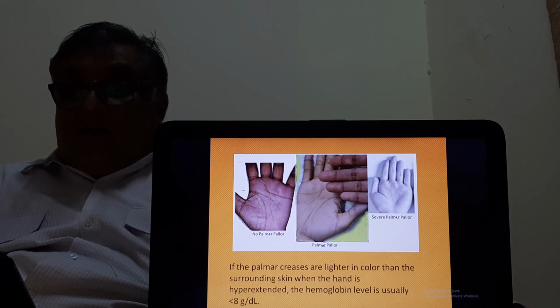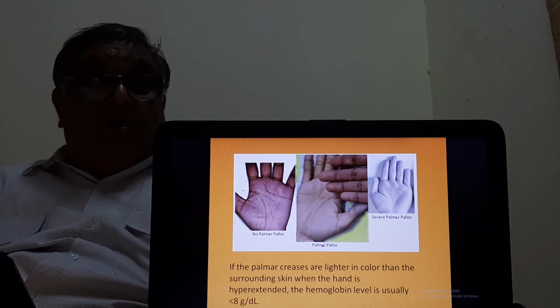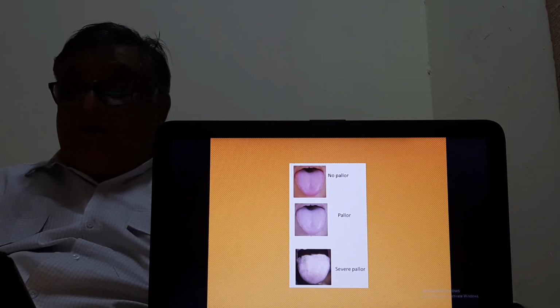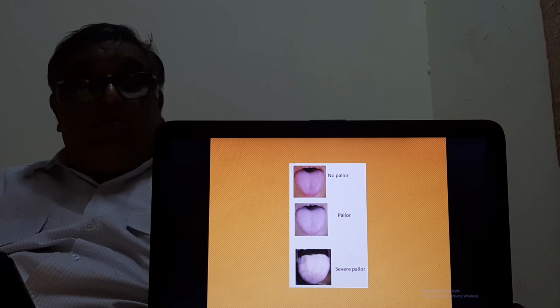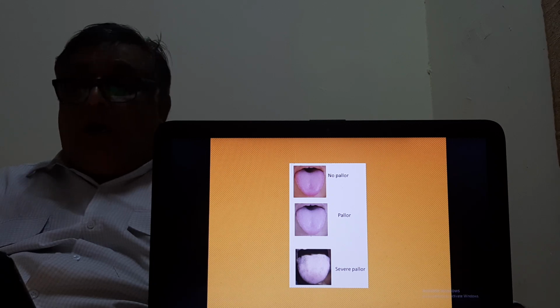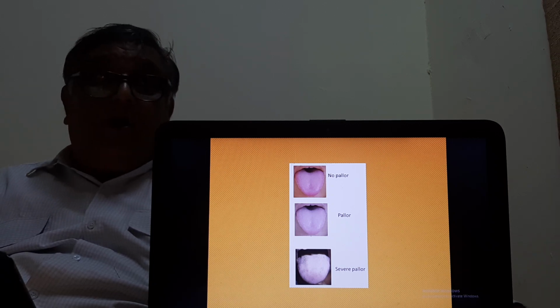These are the colors which inform us about anemia. Besides this, we can look at the tongue. We may find a beefy tongue, indicative of B12 deficiency, or a pale and bald tongue, indicative of iron deficiency.